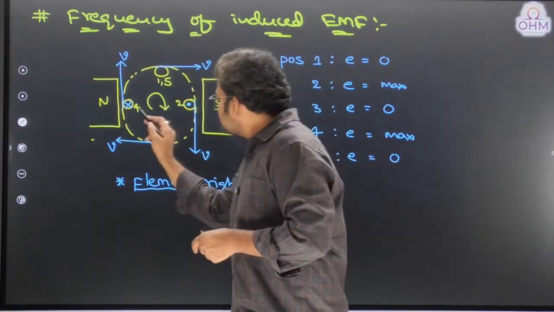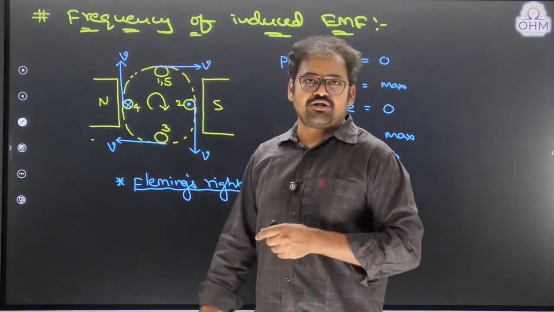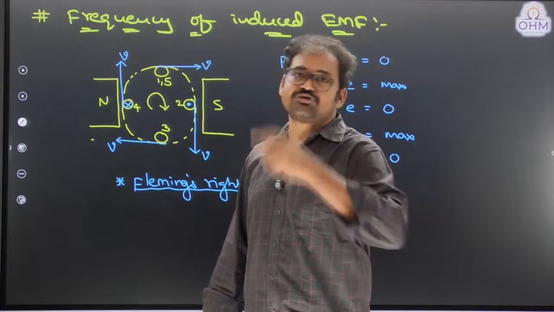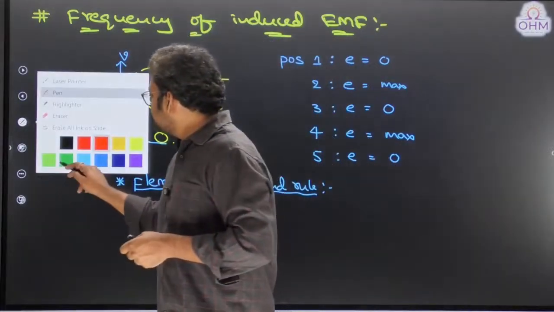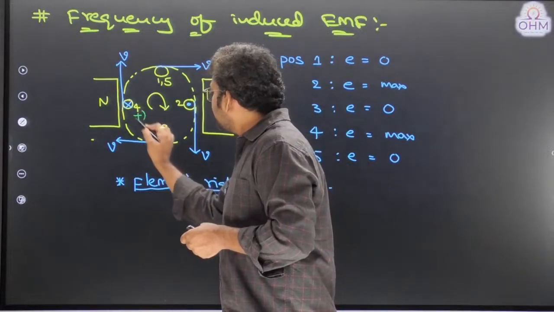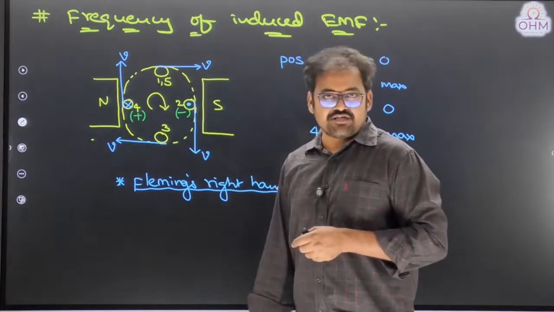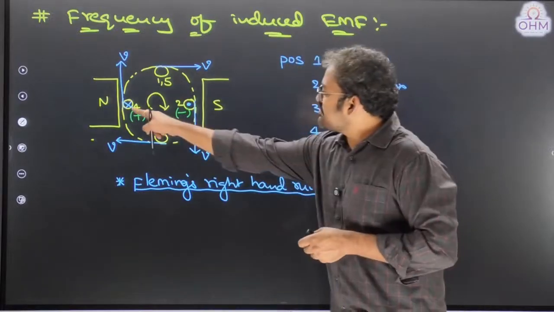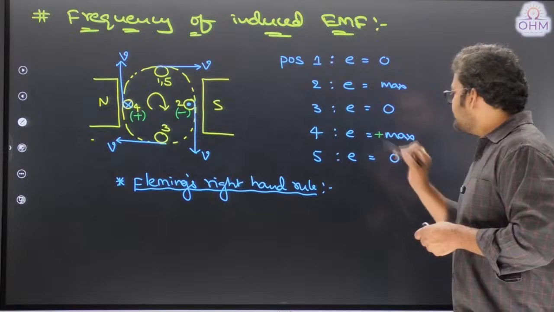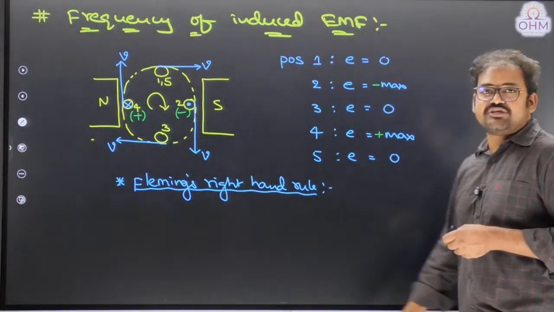Or if I assume cross is a positive polarity, dot becomes negative polarity. Of course, you can't assume both positive or both negative. So what I am assuming here is that cross is a positive polarity, therefore dot is automatically negative polarity. Clear? So that means at position 4 we have positive EMF. At position 2 we have negative EMF.